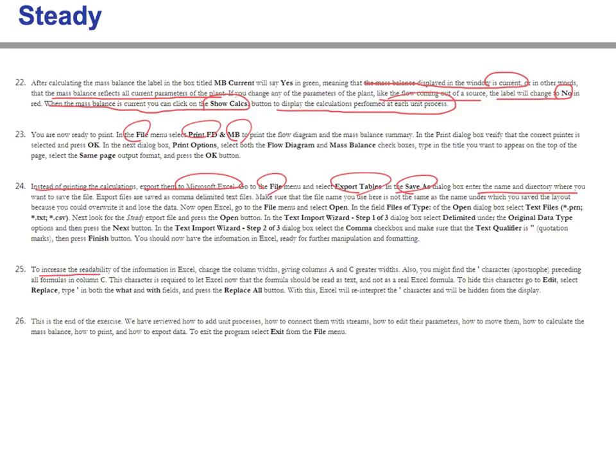To increase the readability of the information in Excel, you can change the column widths and give columns A and C greater width. That's a very minor manipulation. So that's all you need to do.